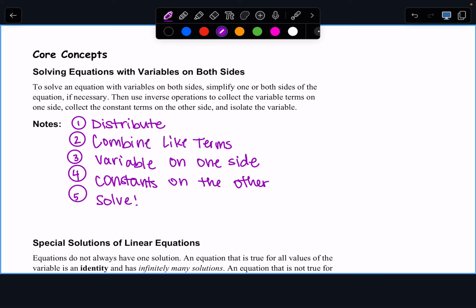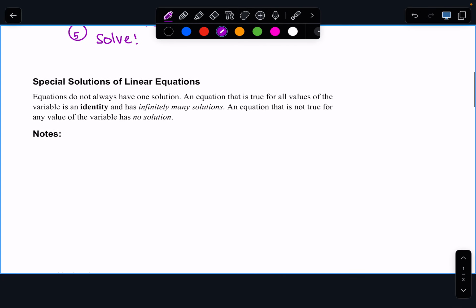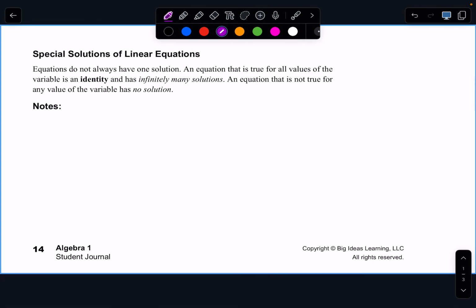Now, it is possible that we get an answer. It's possible that something funky happens, okay? So there are three different things that can happen. We could get a solution, or we could get a problem that has no solution, or we could get an equation that anything we plug in will work.